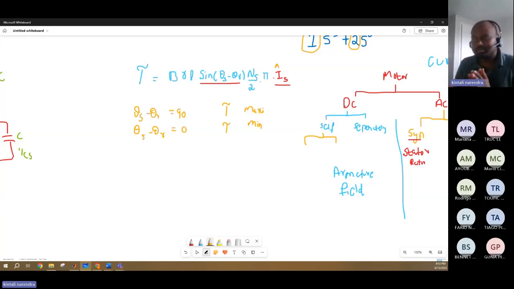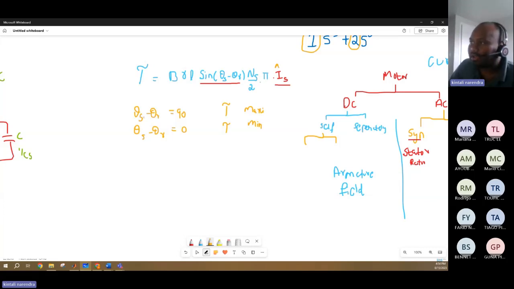Now just understand the logic here. How do you get the maximum torque out of this motor? Either by increasing the current, or by controlling the angle between the stator and the rotor.